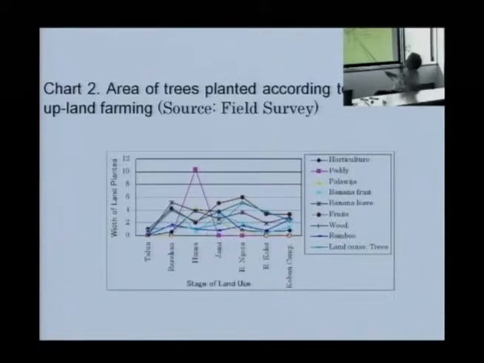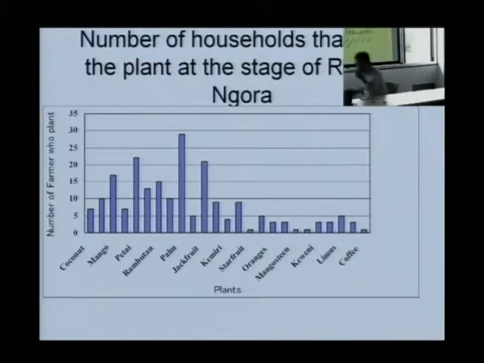On the other hand, the perennial plants, wood, bamboo, the land cover trees, those perennial crops increase. This is only an example at the Rumangora stage.